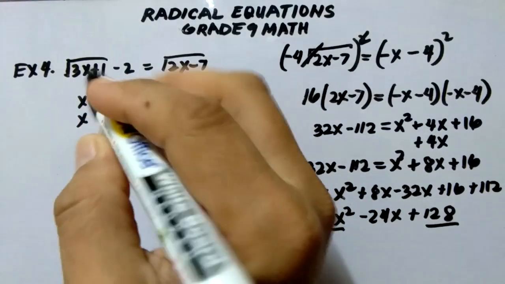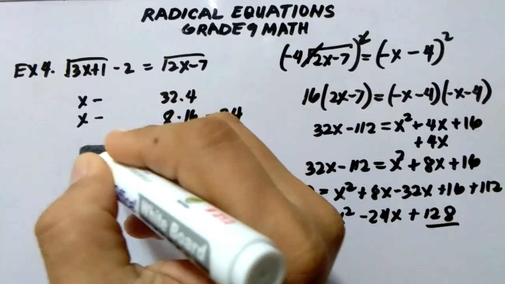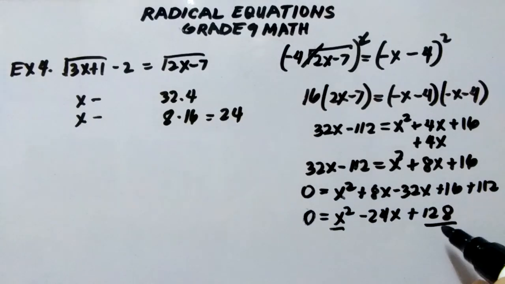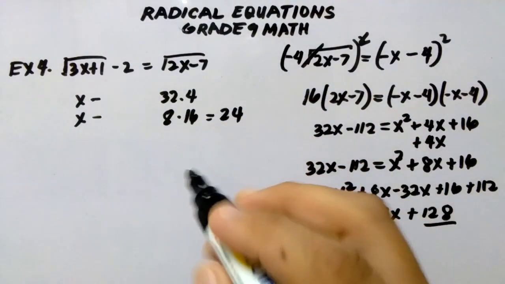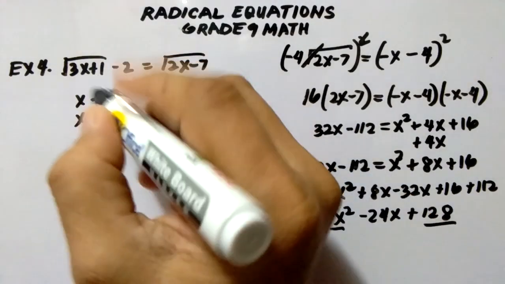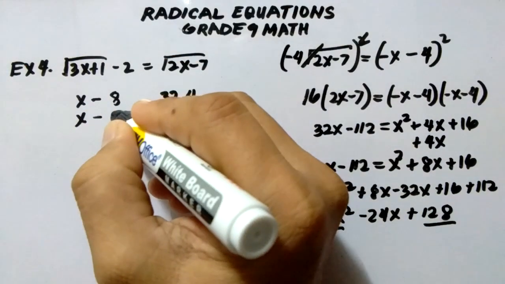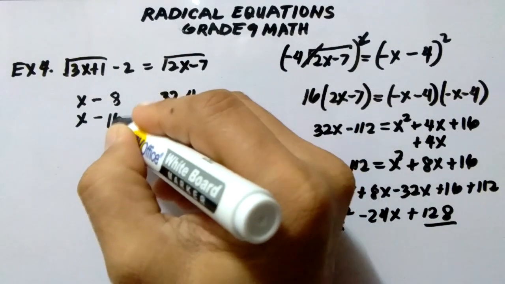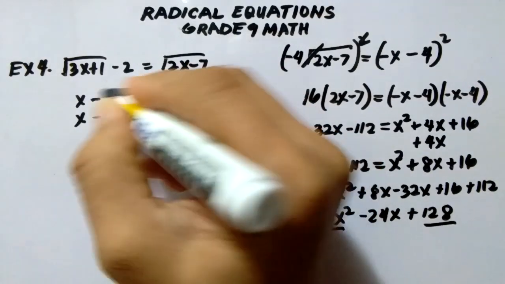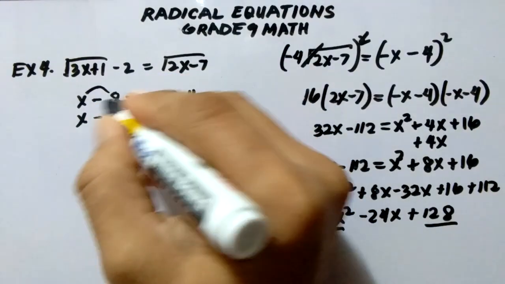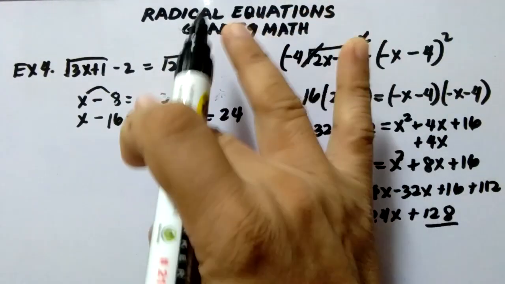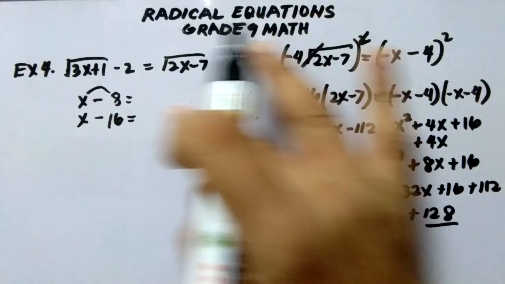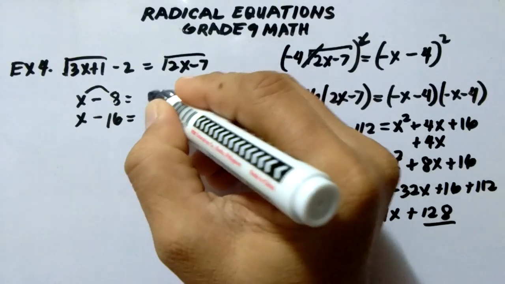Gagamit po tayong sign na negative and negative. So, negative times negative is positive. Then, ang factors po ng 128, so we have 8 and 16. Then, i-multiply po natin ito. x times 8, that is negative 8x.